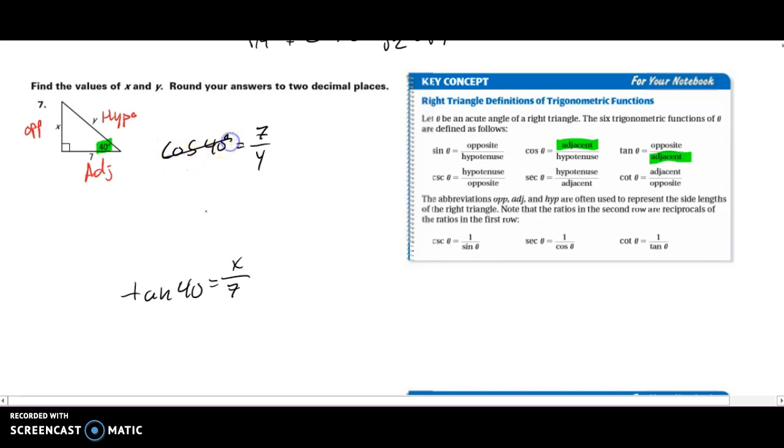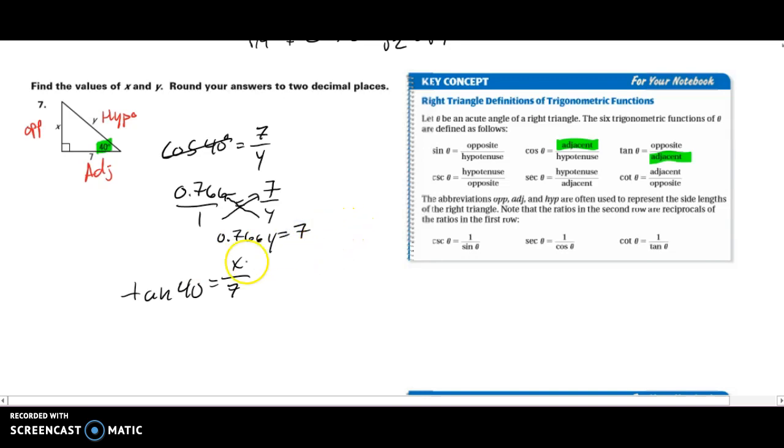So I'm going to cross this out, and we're going to write this as 0.766 over 1 is equal to 7 over y. So I turn it into a fraction. I got rid of this. This is just a decimal. Then we can cross multiply here. So we get 0.766y is equal to 7.